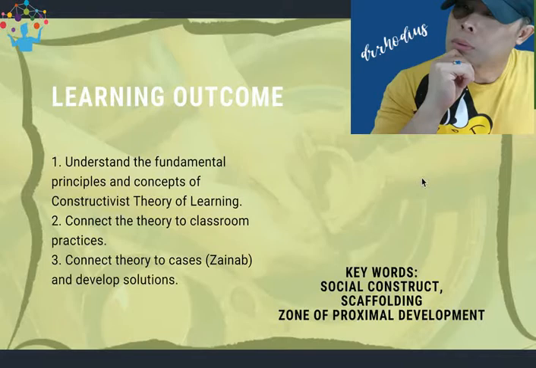The third is to connect the theory to classroom situations, specifically the case we've been working on since the beginning of the semester, the case of Zainab, and come up with some practical solutions for it. The important keywords to remember in this module are social construct, scaffolding, and zone of proximal development.